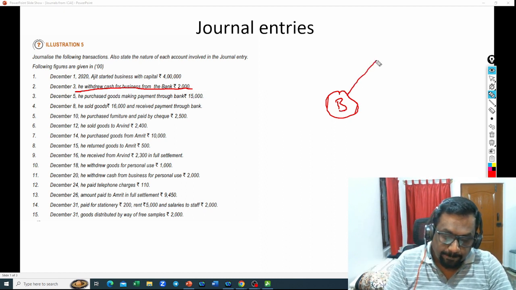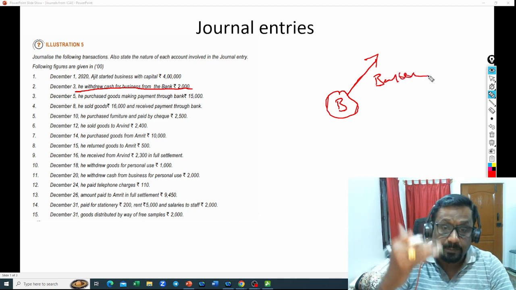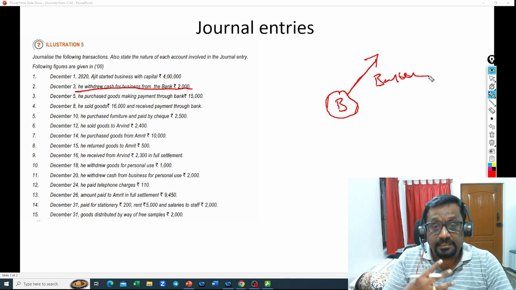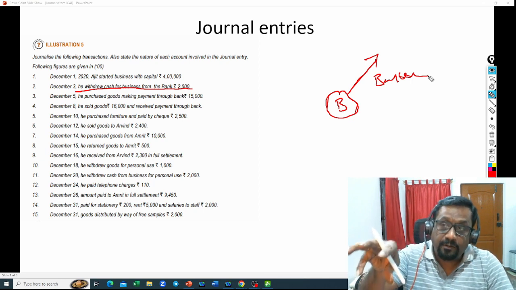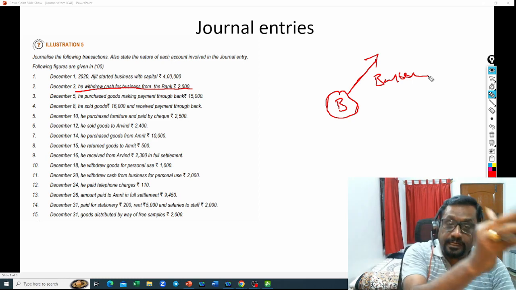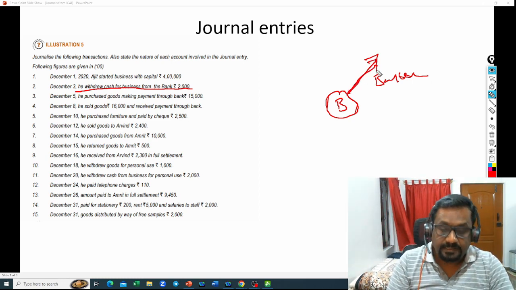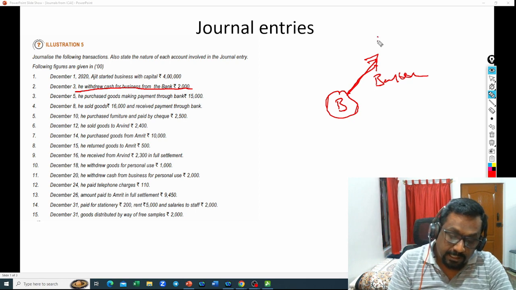Who is the giver? The banker is the giver, paying this amount. Which banker? The business's own bank. The business has some balance in its bank account, and from it he took some amount for his personal use. So who is the giver here? The banker. And who is receiving it? Ajit.